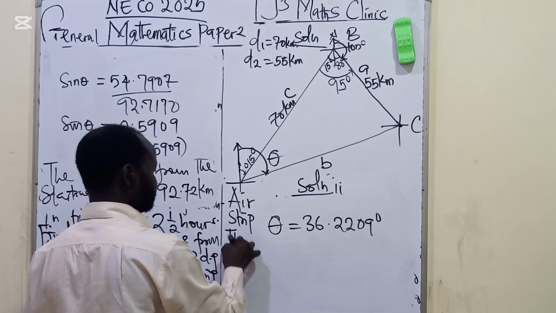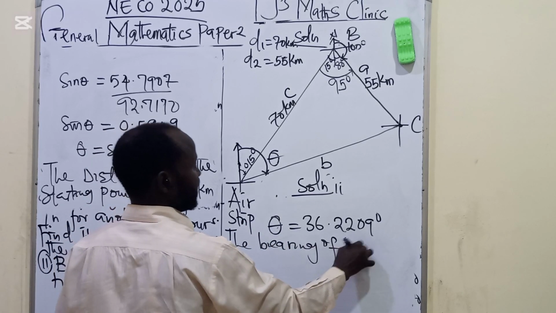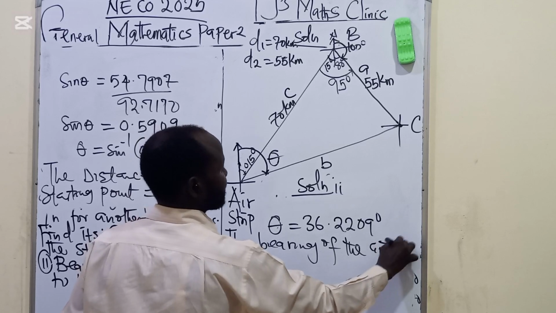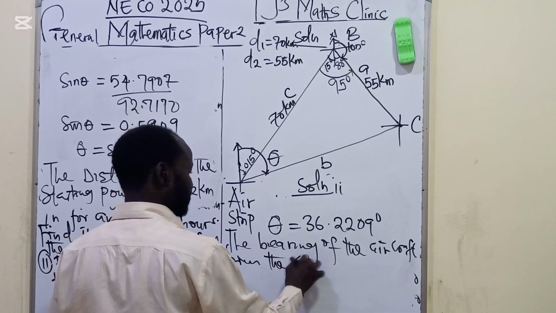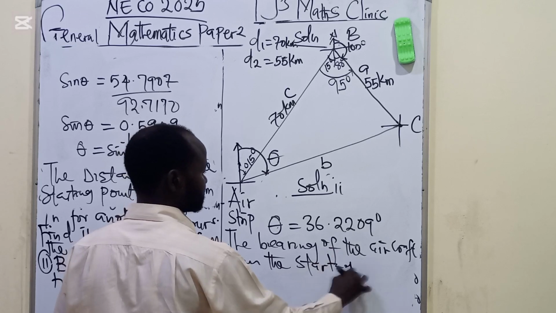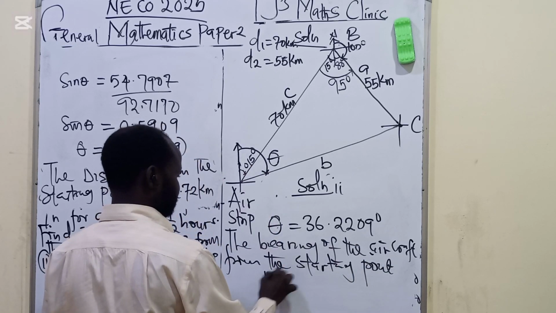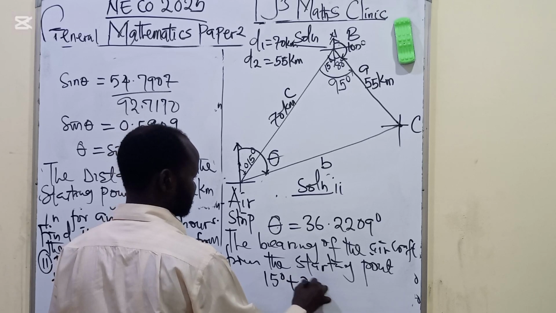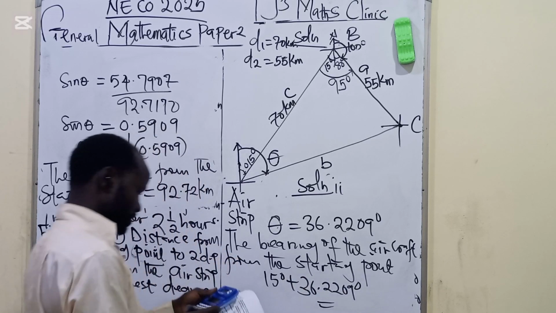The bearing now, the bearing of the aircraft from the starting point, or from the airstrip, will now be equals to 15 degree plus 36.2209 degree. What will be the final answer?